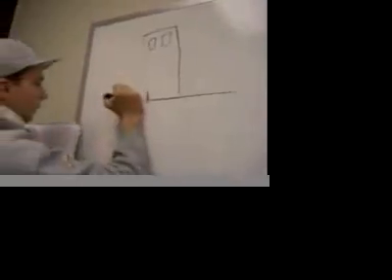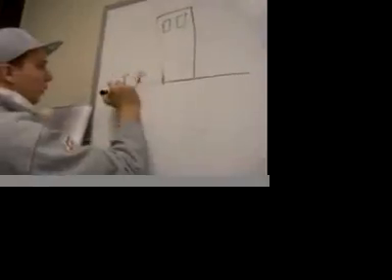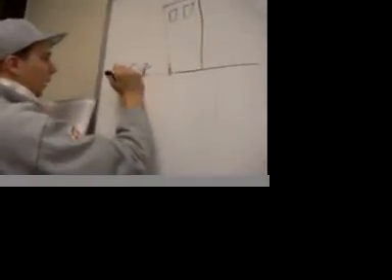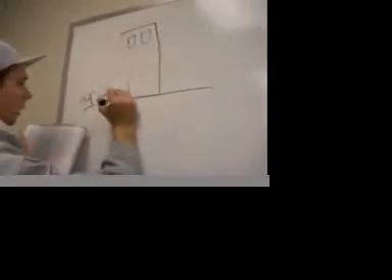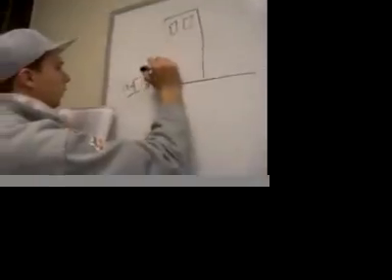So I'm going to draw what we know and what the problem gives us. Now here's you, and you are 1.8 meters tall, and you're walking at a constant velocity of 1.2 meters per second.